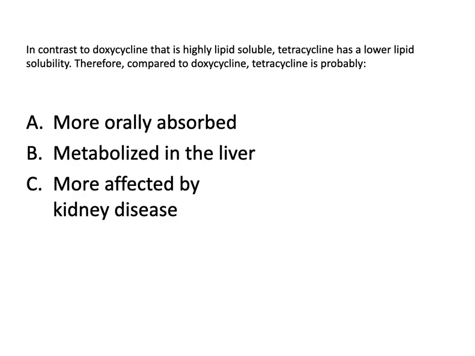Because it is highly lipid soluble, we expect it to be more metabolized in the liver when compared to tetracycline, and hence we expect tetracycline to be excreted in the kidney as is, more or less. So we expect tetracycline to be more affected by kidney disease.